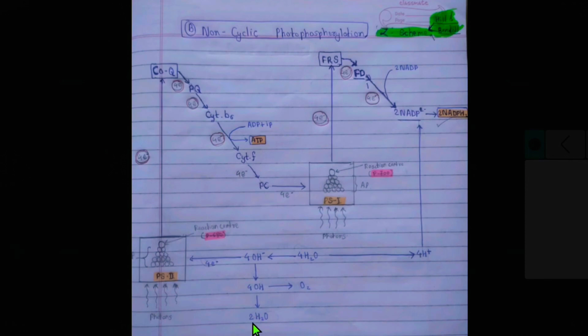Here the photolysis of water takes place, and these are the electron acceptors.